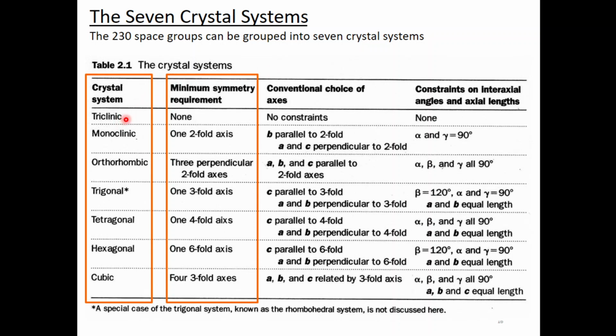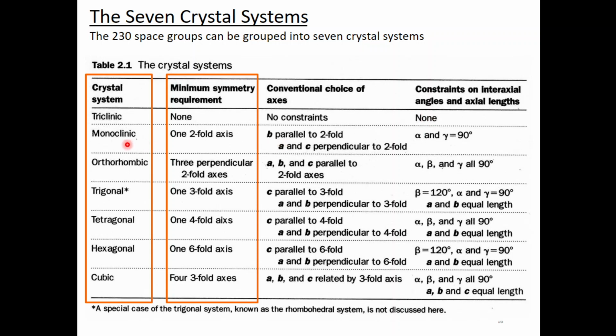Out of them, triclinic is the most deformed crystal system, and we don't have any minimum symmetry requirements for that, like you see in here, and we don't have any preferable choice of crystallographic axes. And as far as the interaxial angles are concerned, we don't have any criteria for that.